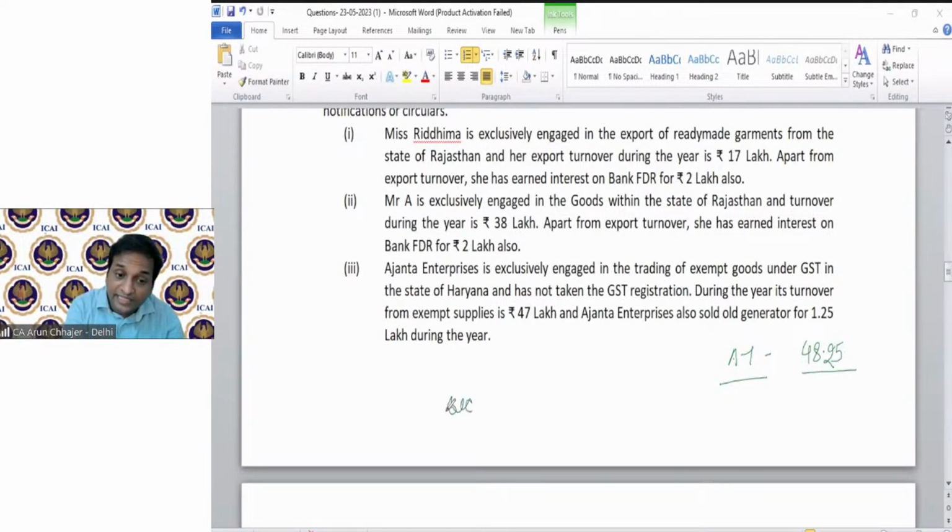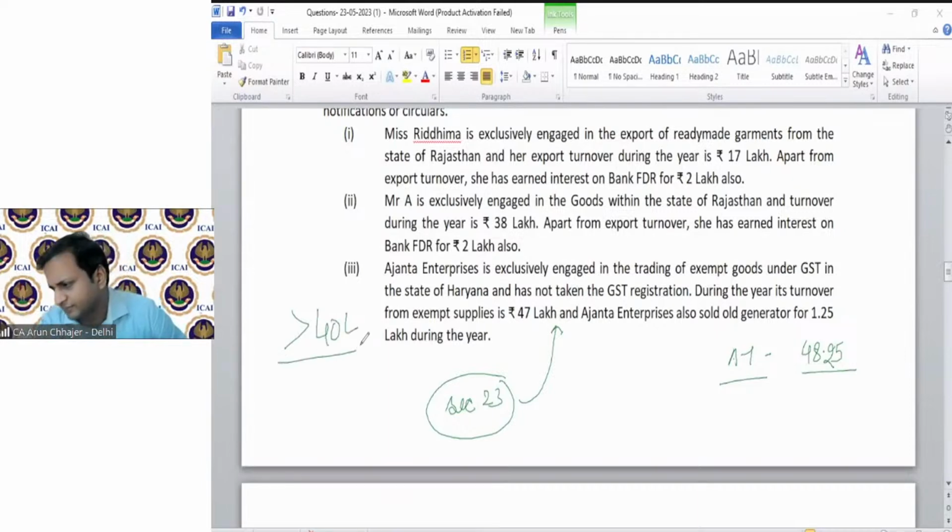And section 23 will not give the relaxation in this case because once Anjana Enterprises makes the supply of the old generator, it cannot be considered exclusively engaged in the exempt supply. Therefore, they have to take mandatory registration because it exceeds the threshold limit. Correct? Very simple.